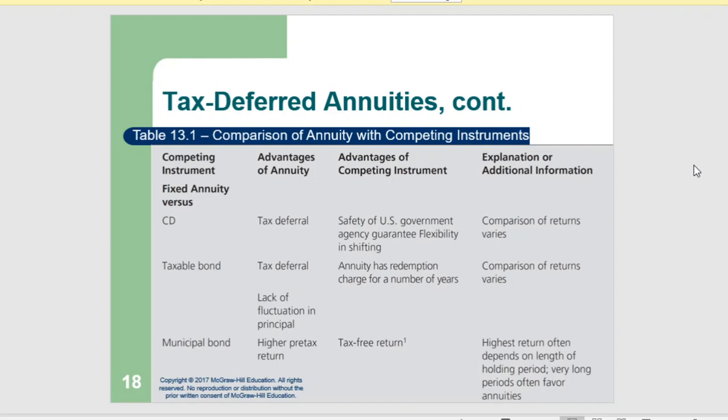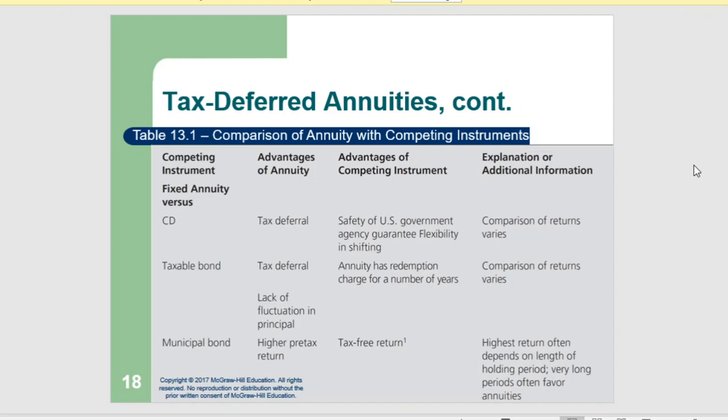So a taxable bond is the same. You get these payments from the taxable bond. You bought it with after tax money, so you're not getting the tax deferral. Also, if it's a long-term bond, the value of the bond is going to fluctuate as interest rates change. That dramatic shift in market value might still occur in an annuity, but you'll never see it because there's no trade there.